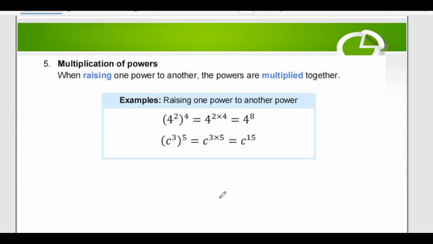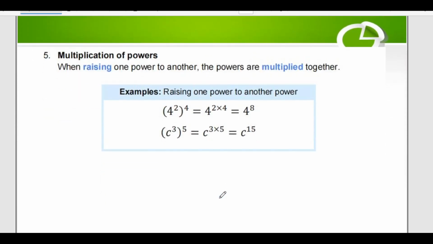Now, multiplication of powers. You may have a number, let us say x, with power m, and then you can have another power, right. So, when raising one power to another, the powers are multiplied together. So we multiply the powers m and n, m times n.